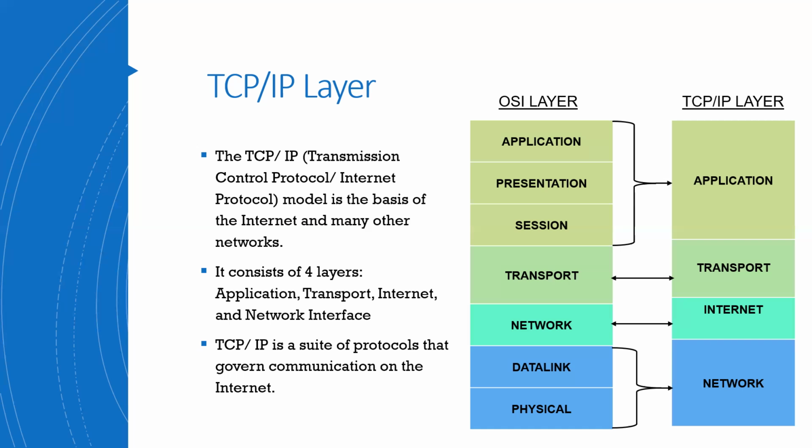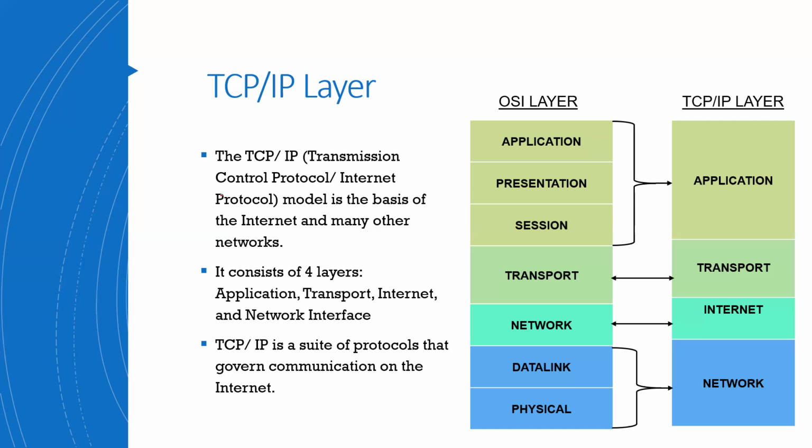And IP, which is Internet Protocol, handles routing and addressing of packets across networks, enabling devices to communicate with each other. Together, TCP and IP form the foundation of modern internet communication.